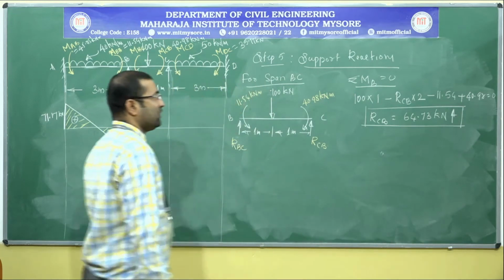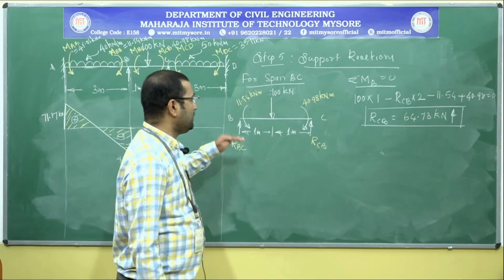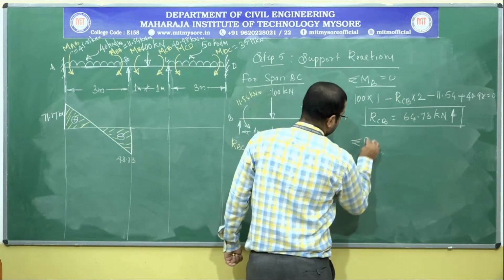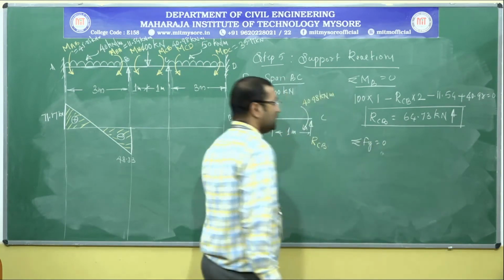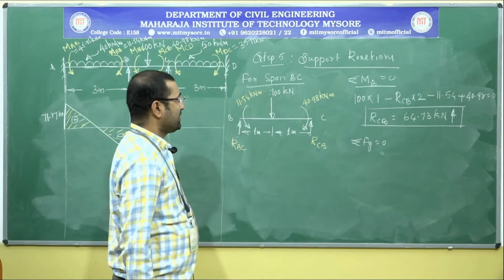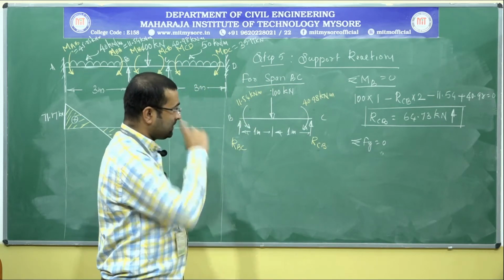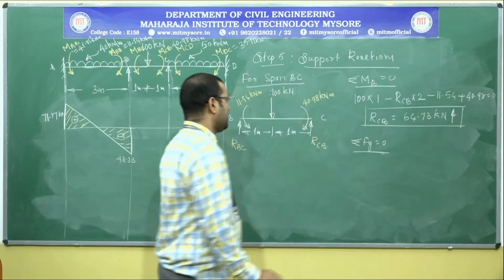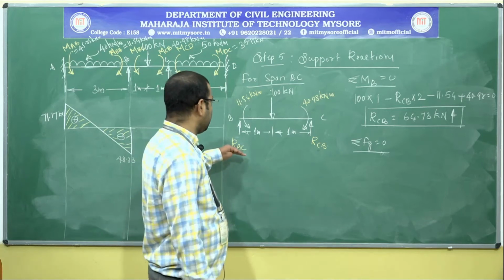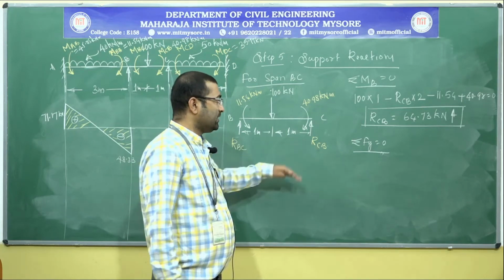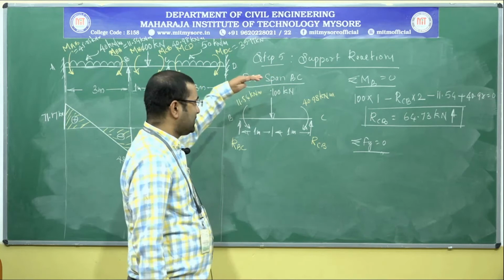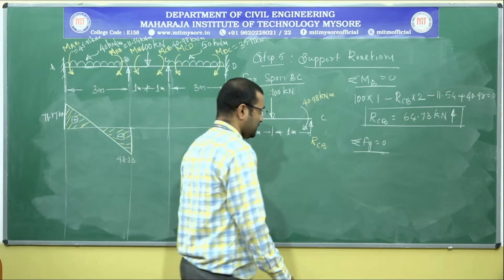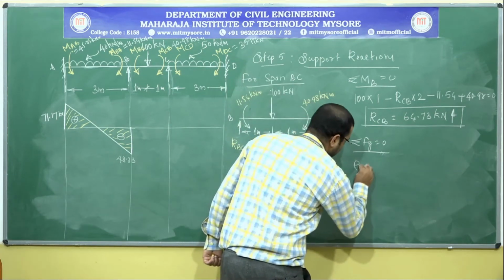Now we need to impose one more equilibrium condition to determine RBC, that is the algebraic sum of vertical forces on span BC must be equal to 0. RBC and RCB are acting vertically upward, so consider them as positive, and this force is acting vertically downward, so consider it as negative.